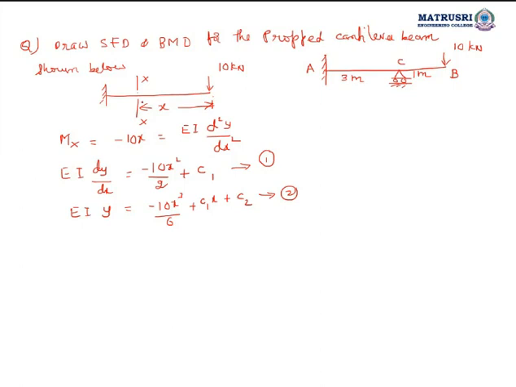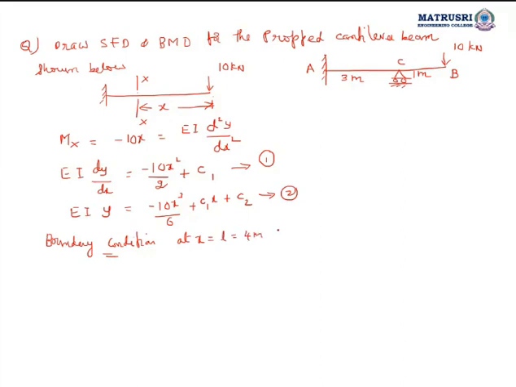In this, at x is equal to 4, we will have dy by dx is equal to 0. Similarly, what are the boundary conditions? Boundary conditions at x is equal to L. L means here 4 meter total.